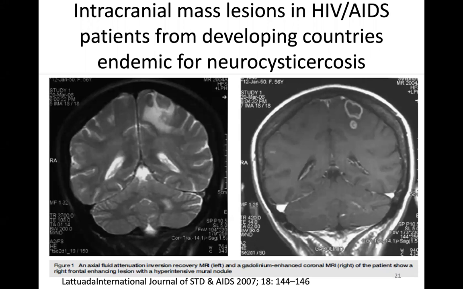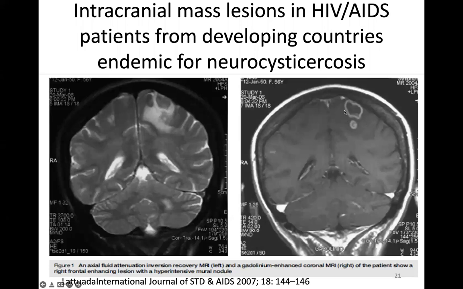And then, looking at the stages of neurocysticercosis, the most common symptomatic stage is usually the colloidal vesicular stage, where you find that there is associated edema. When you look at the first image there, your coronal MRI, it is the T2 sequence, and you see the area of hyperdensity, which is edema surrounding the lesion.